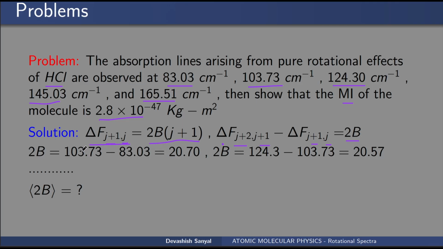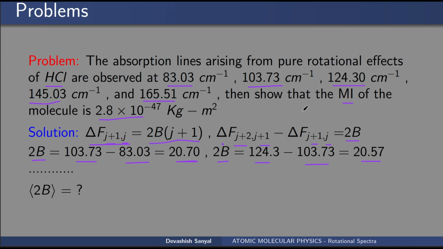So 2B is equal to 103.73 minus 83.03, that is 20.70, or 2B can be written as 124.3 minus 103.73, 20.57. Obviously there is a unit. You can keep calculating, and you can see there is a slight variation of 2B. So here it is 20.7, here it is 20.57.